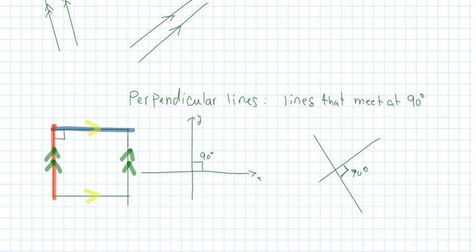But again, at the same time, I can say that these two lines are perpendicular to each other. So this is a case where I have perpendicular lines, but at the same time, I have sets of parallel lines. Are we okay with this?